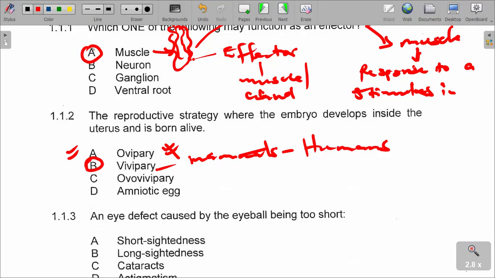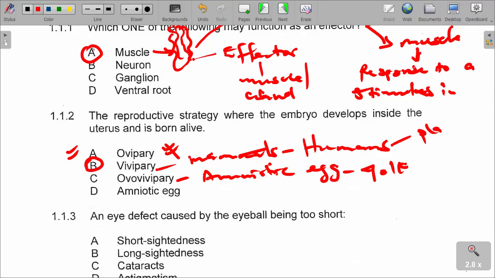It also gives rise to the development of the amniotic egg, where the young one develops inside the egg, nourished through the yolk. There is nourishment through the placenta, where there is an umbilical cord. So in other ways, we are just doing a comprehensive revision. So our answer is B.